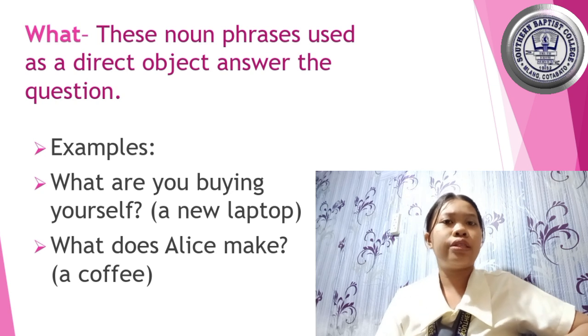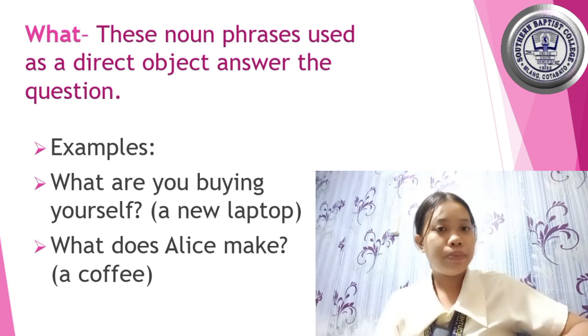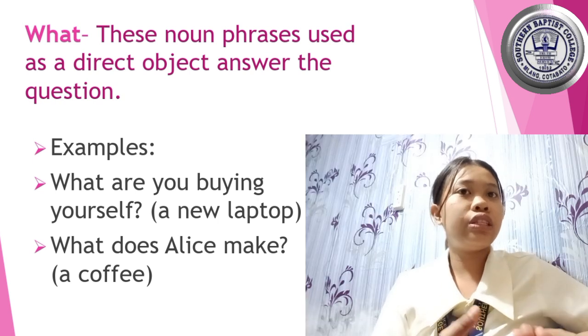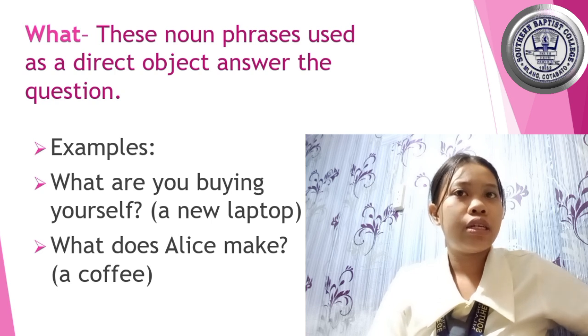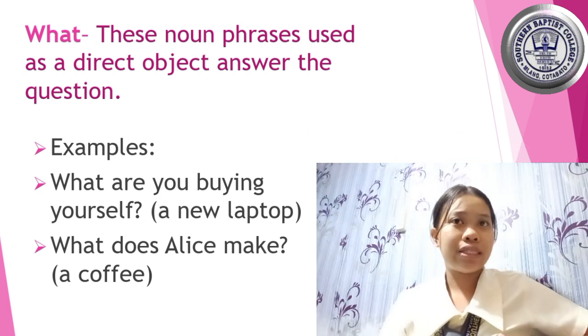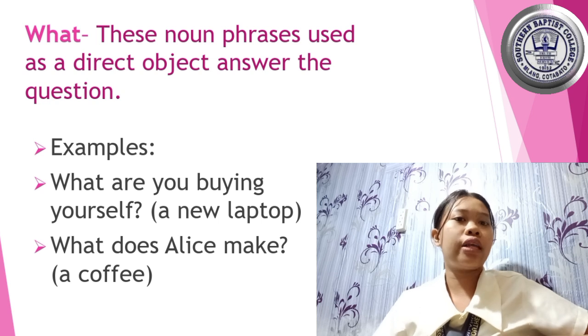These noun phrases used as direct objects answer the question what. For example, what are you buying yourself? The answer is a new laptop. Second, what does Alice make? The answer is a coffee. So that explains how noun phrases used as direct objects answer the question what.